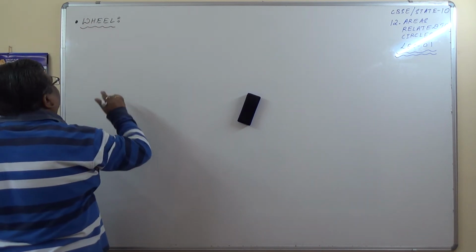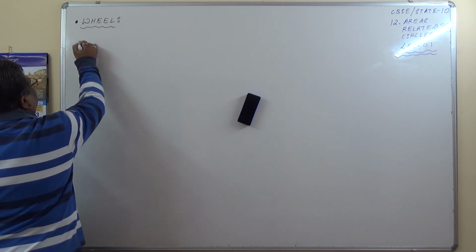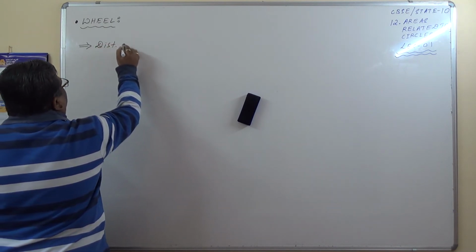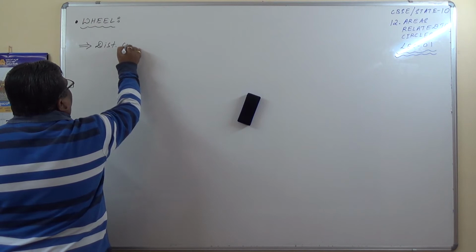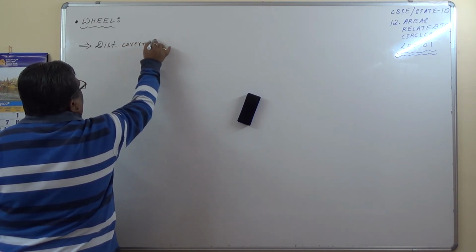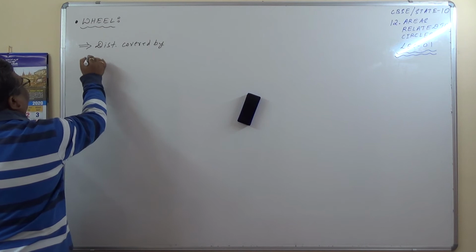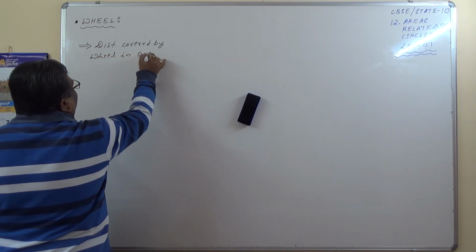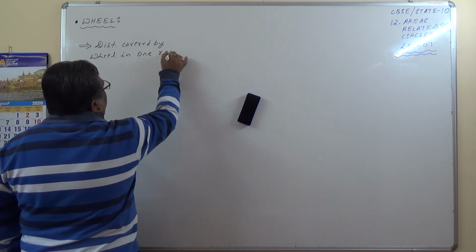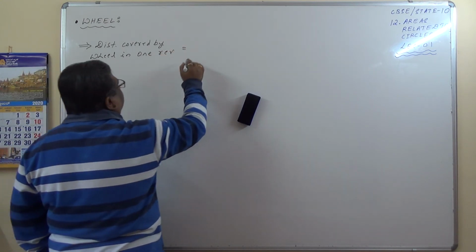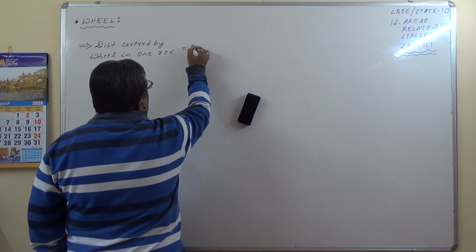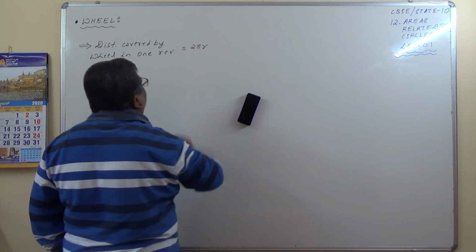With respect to a wheel, the first one is the distance covered by the wheel in one revolution, which is equal to the circumference, 2 pi r.